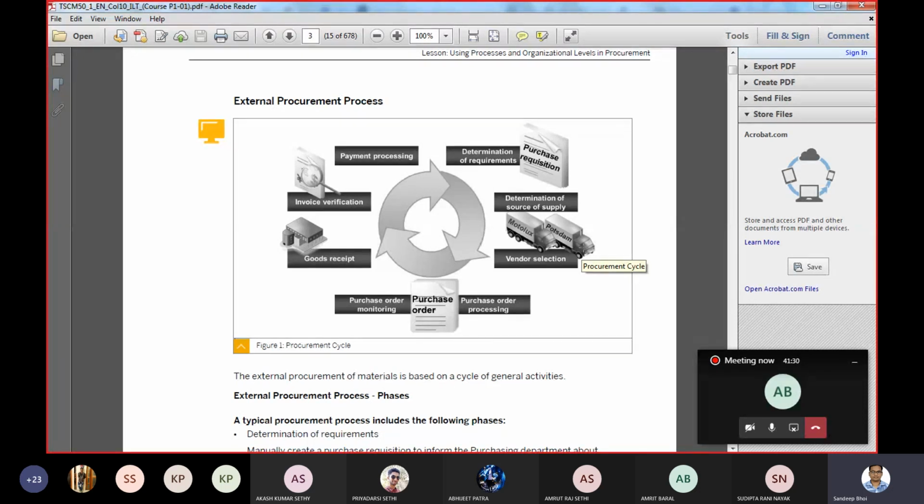From our side to the vendor. Okay, you should say from the organization or purchasing unit to the vendor.